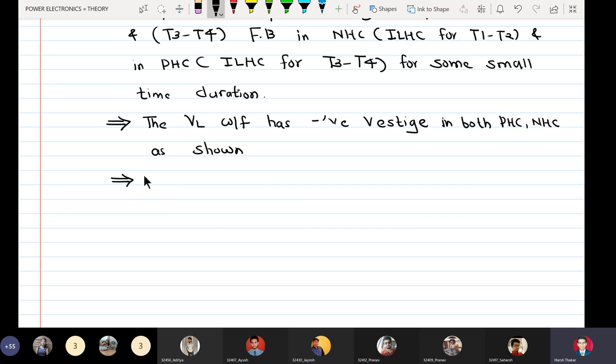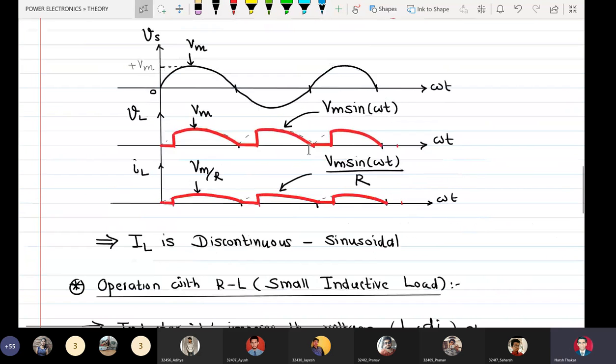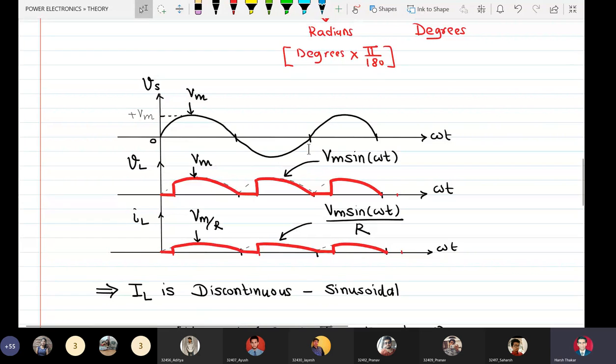The result is that there is a lowering in the value of VLAVG, or we can say the average content of the waveform. So what we will do is draw the same waveform but for RL loads.